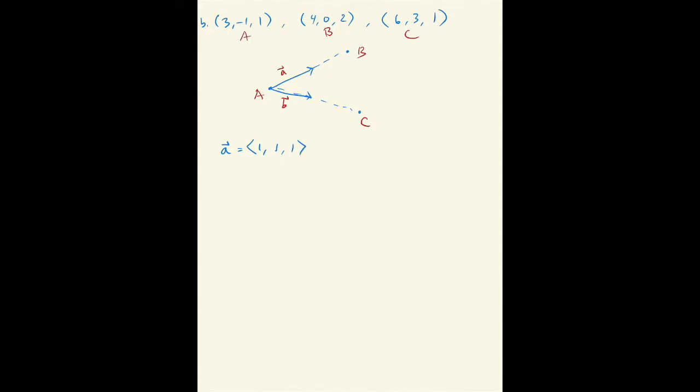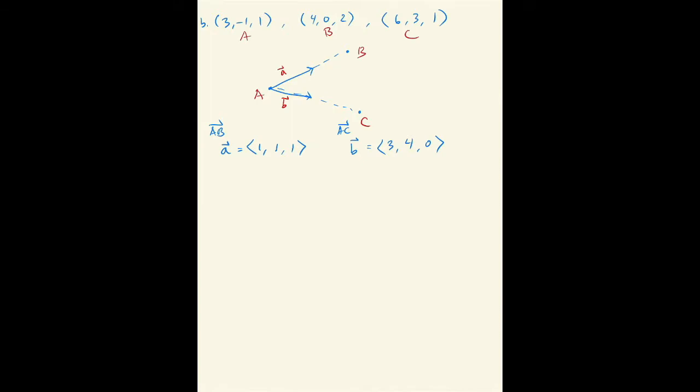And then the second vector is C minus A. So this is AB, this is AC. So 6 minus 3 is 3, 3 minus 1 is 4, 1 minus 1 is 0. So you have these 2 vectors.